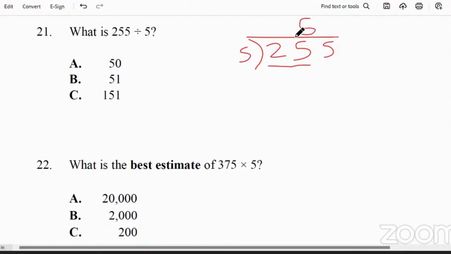And then 5 divided by 5, that's 1. As I said, I could have done the long division route, but we're not doing that today in the interest of time. I do have division videos, so you guys can watch those, and they show you long division and how we go about that process. All right, so the answer would be 51.